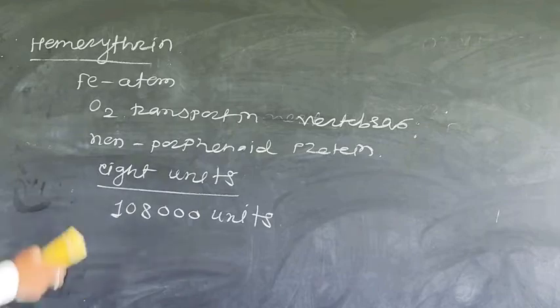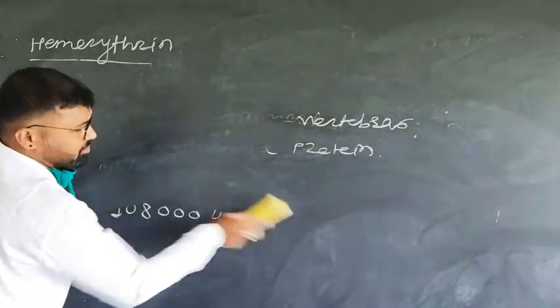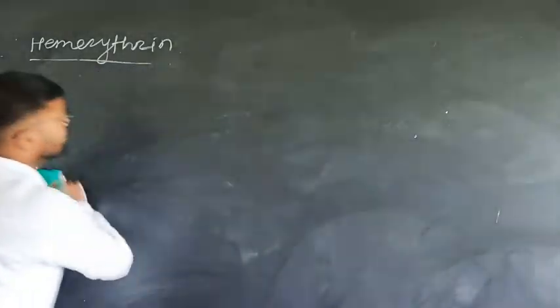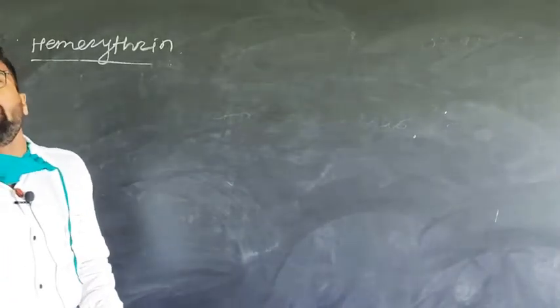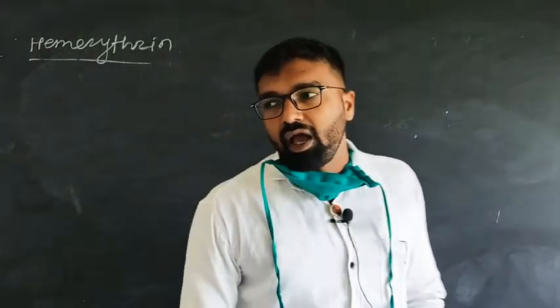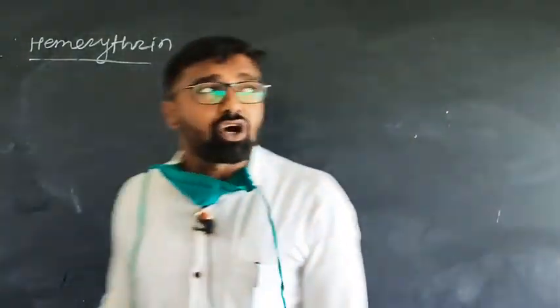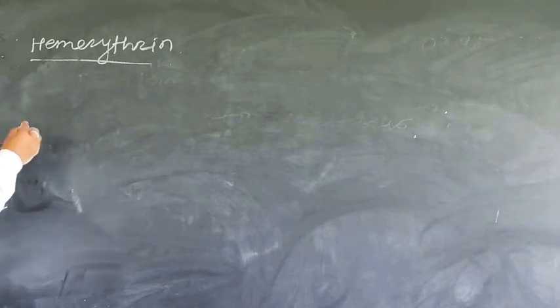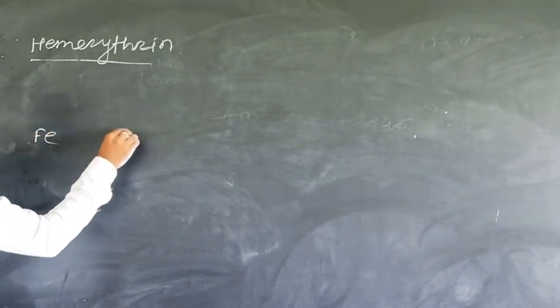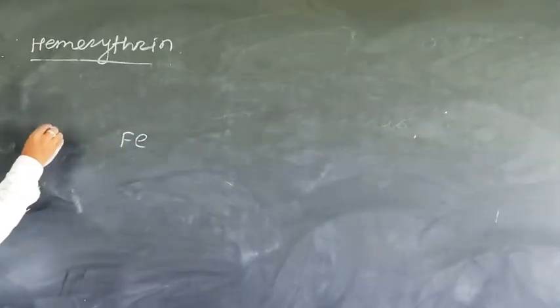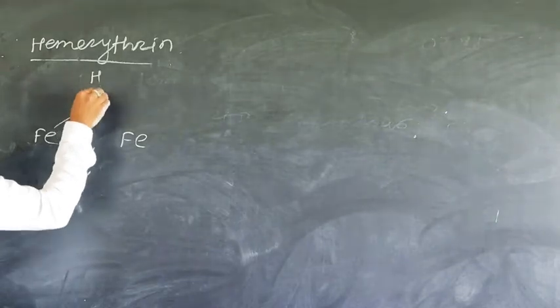Now what is the structure? In hemerythrin, as it works as an oxygen transporter, it has two forms: one is the oxyform and the second is the deoxyform. What are the differences between oxyform and deoxyform? Let's draw the structure. In hemerythrin there are two ferrous atoms. These are linked on the upper side with a hydroxyl group.